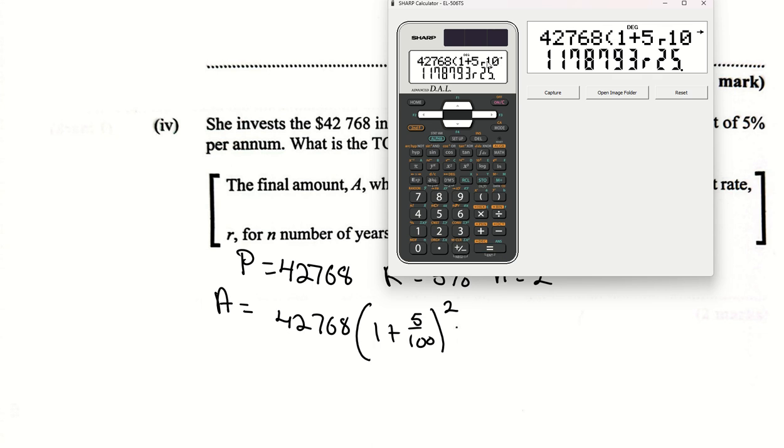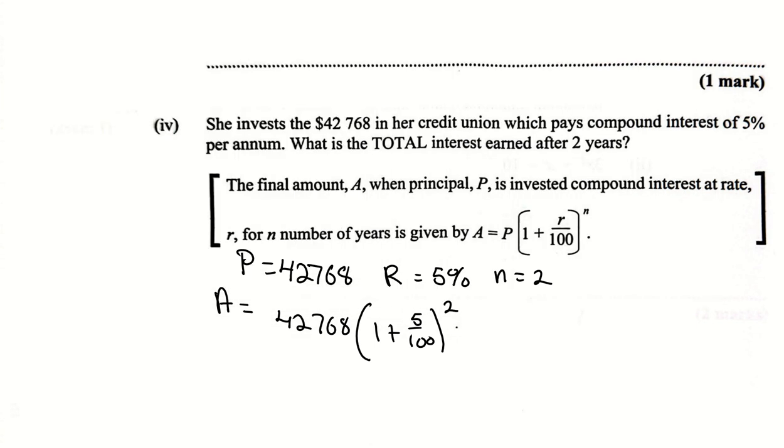Press equal. So the amount that she would have received is $47,151.72.